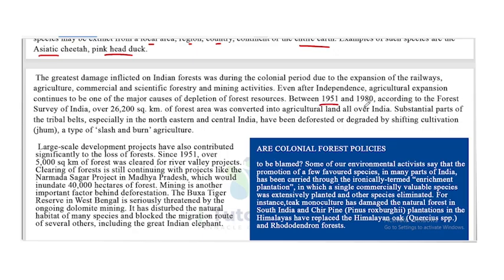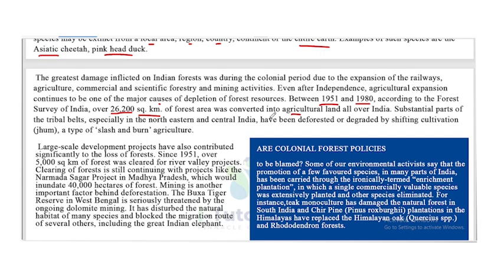Between 1951 and 1980, according to the Forest Survey of India, over 26,200 square kilometers of forest area were converted into agricultural land. That's a big area.